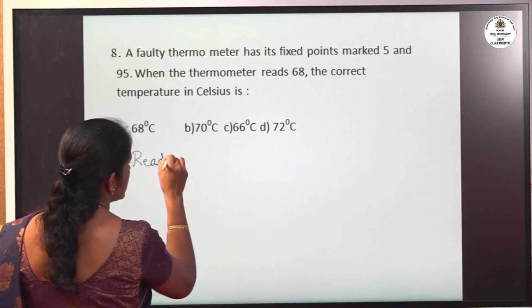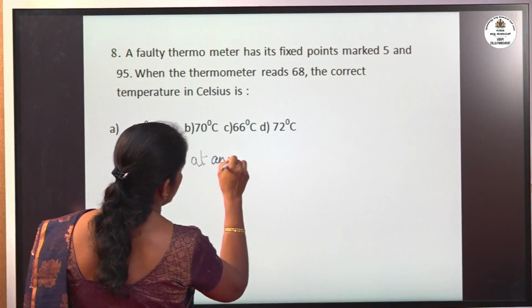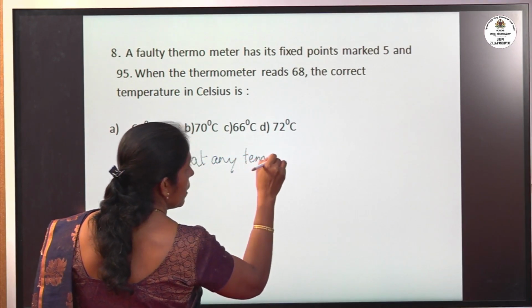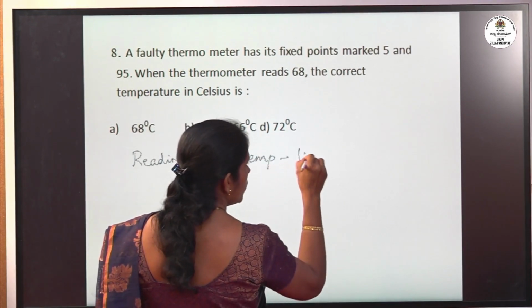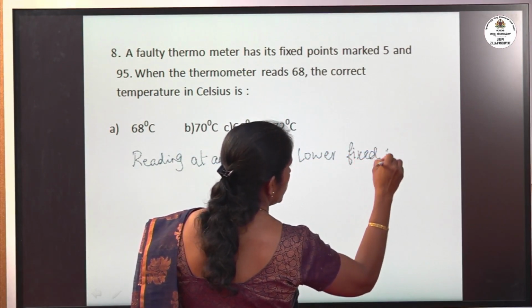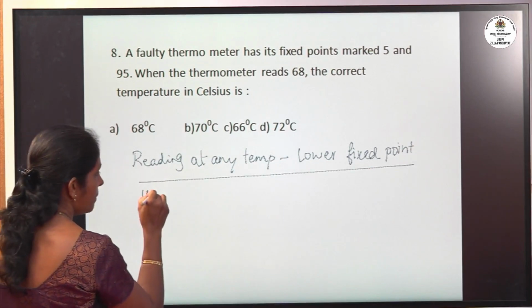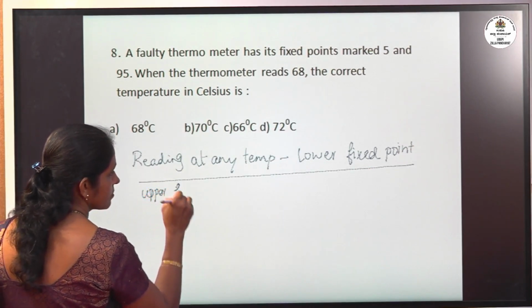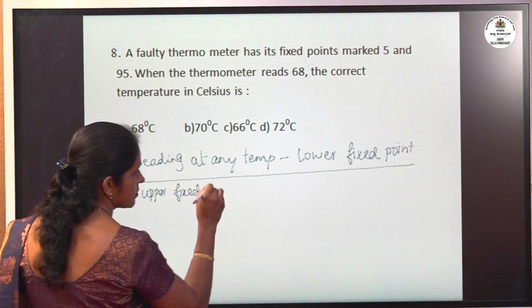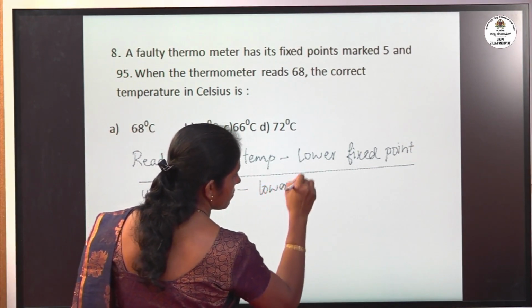The equation is: reading at any temperature minus lower fixed point, divided by upper fixed point minus lower fixed point.